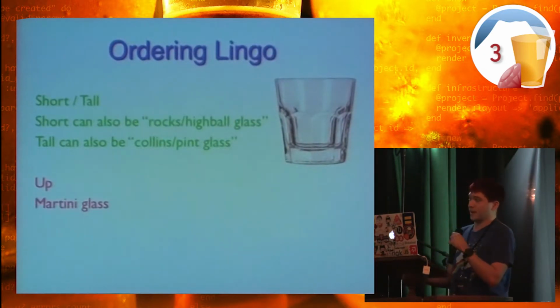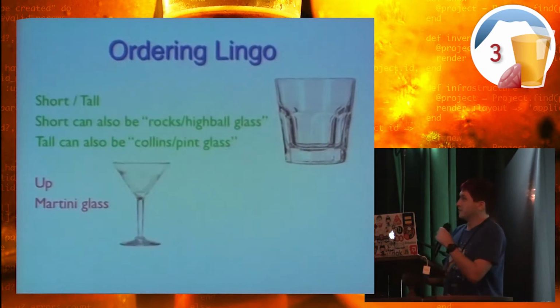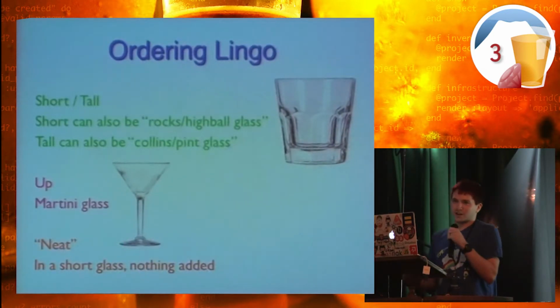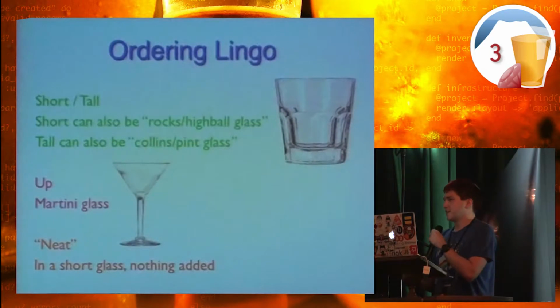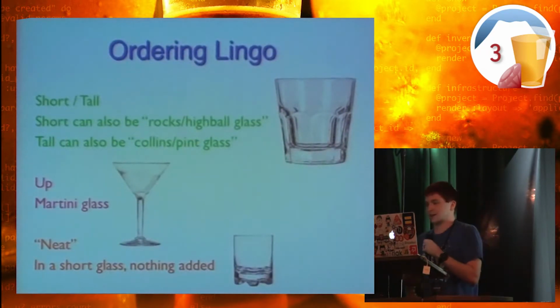This is my favorite, a martini glass. It's also my handle, Martini Soft. Most margaritas and cosmopolitans, stuff like that, all come like that. And then I'm sure there's a few whiskey drinkers that know this one. I want it neat, in a short glass, nothing touches it, no ice. I just want it in a small glass like that. That's also called a highball glass.